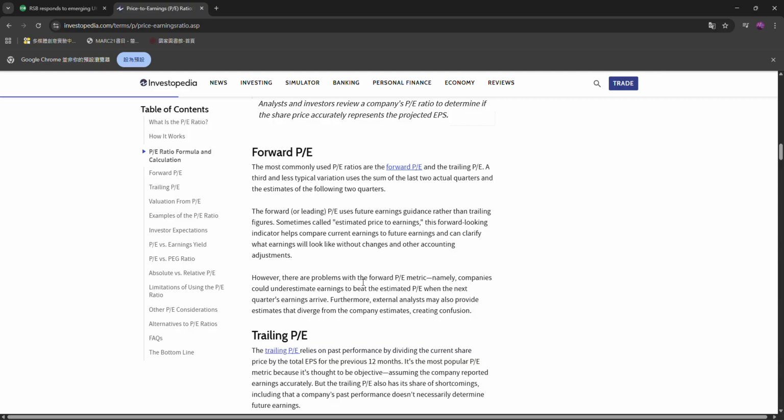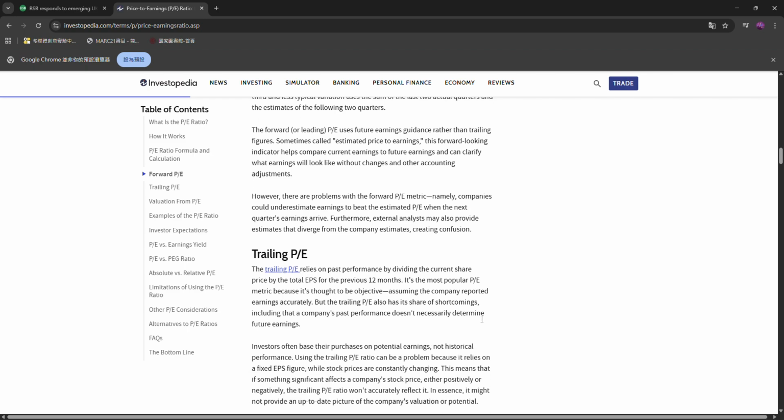However, there are problems with forward PE metrics, namely that companies could underestimate earnings to beat the estimated PE when the next quarter's earnings arrive. Furthermore, external analysts may also provide estimates that diverge from companies' estimates, creating confusion.